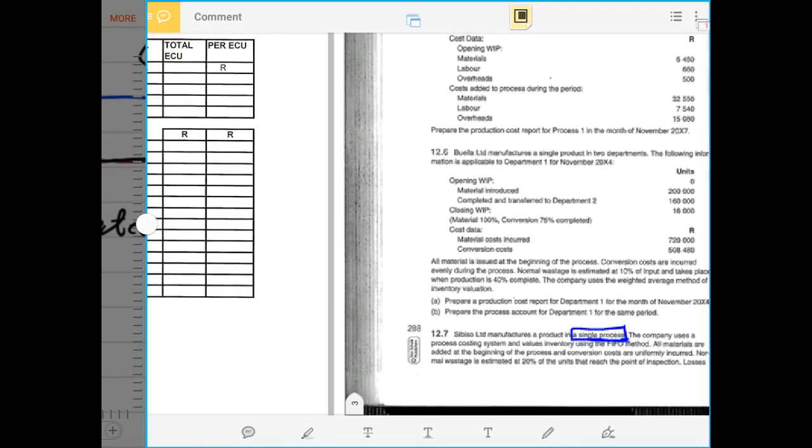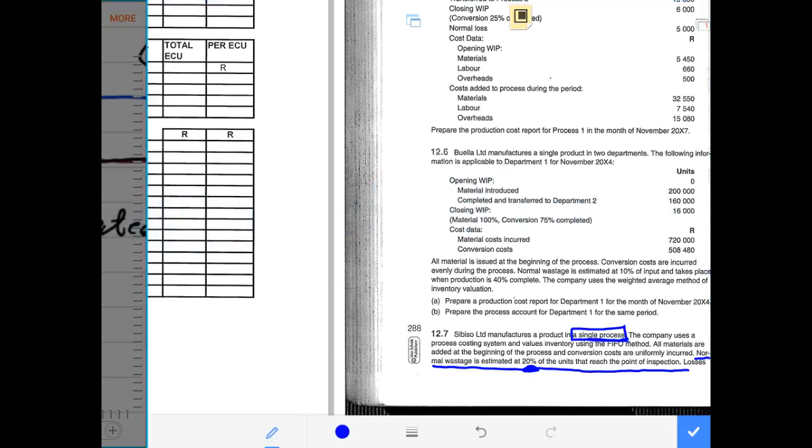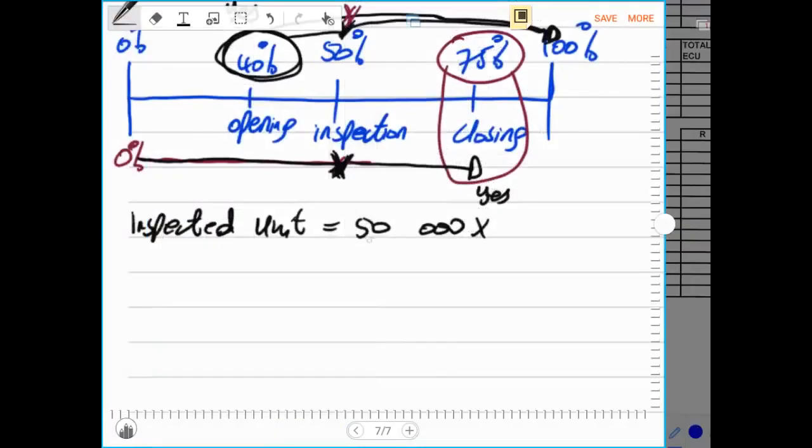So now let us check which of these units pass. We have checked those units that pass the point of inspection, and they said to us there that normal loss is estimated at 20% of the units that reach the point of inspection. So that means 20% of the units that reach the point of inspection, which is 50,000, will be our normal loss.